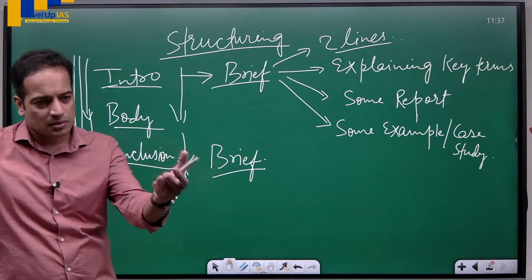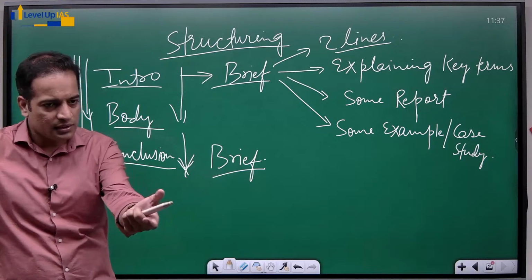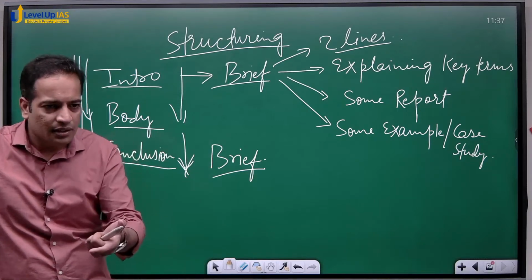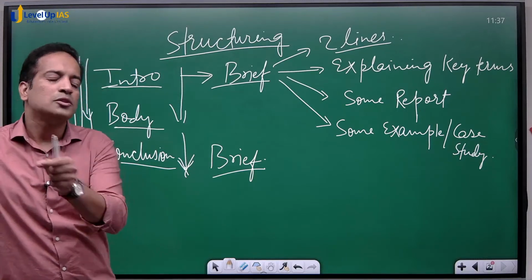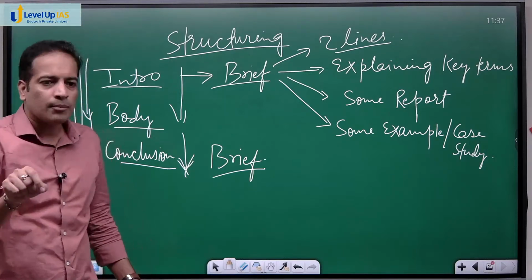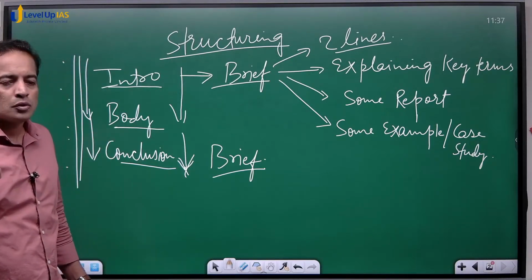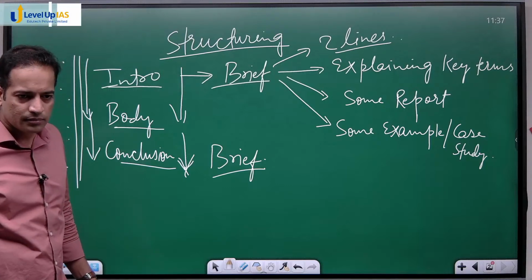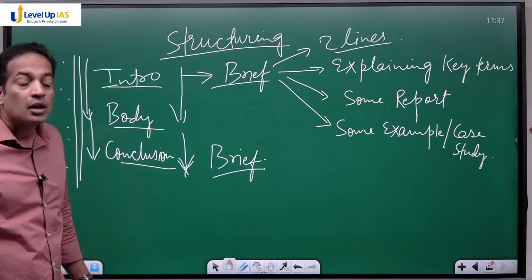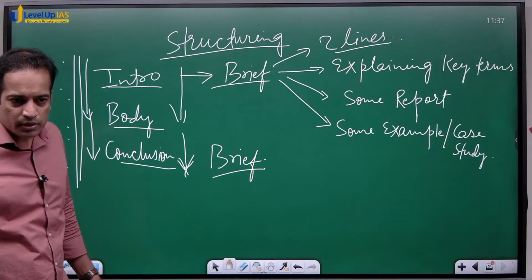Initially you can explain what radicalization is, and to substantiate that, in the second line you can give the example of the killing of a tailor by neighbors in Jodhpur.